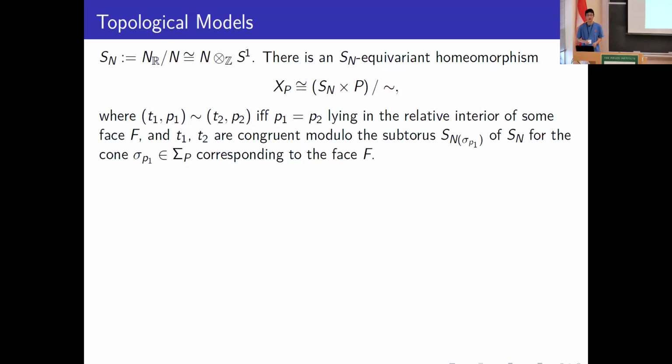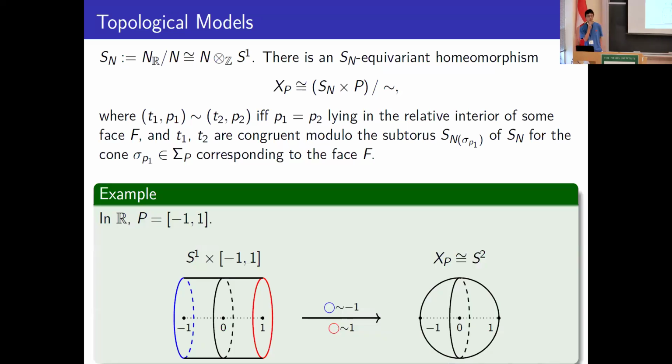So here is a T_N-equivariant homeomorphism: X_P is homeomorphic to the quotient of the product T_N cross P. And here (t1, p1) is equivalent to (t2, p2) if and only if p1 is equal to p2 and it is lying in the relative interior of some face F, and t1, t2 are congruent modulo the subspace of the torus spanned by normal vectors corresponding to F.